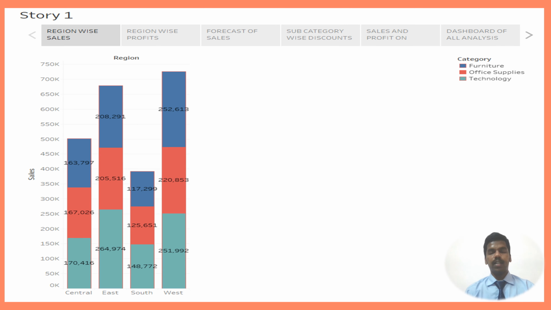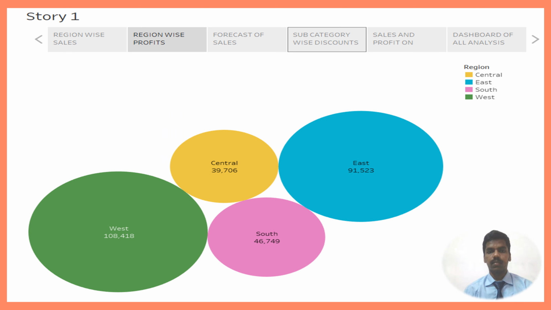It says that in every region a company cannot expect the same level of sales because the taste and preference of the consumer varies with the culture and the place where they are from. So the sales differ from one region to another region.